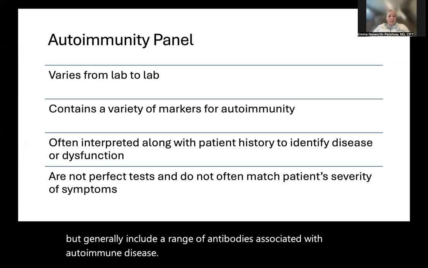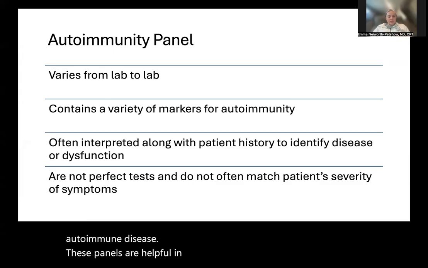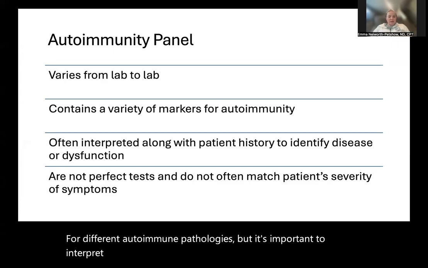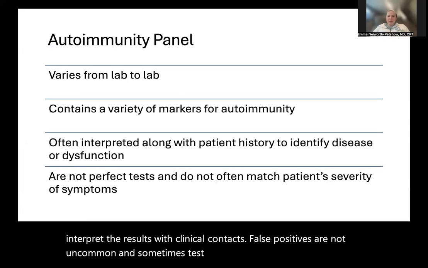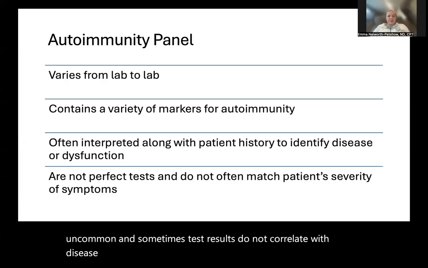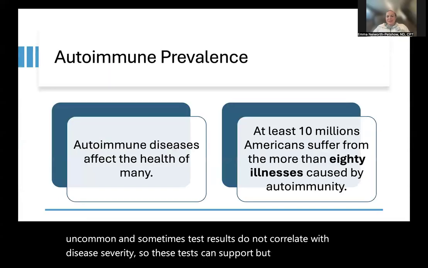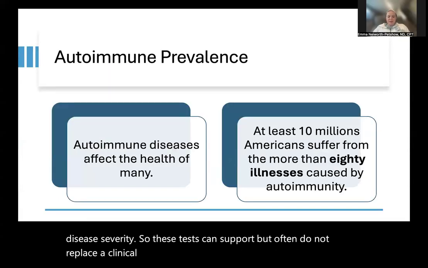These panels are helpful in screening for different autoimmune pathologies, but it's important to interpret the results with clinical context. False positives are not uncommon, and sometimes test results do not correlate with disease severity. So these tests can support, but often do not replace, a clinical diagnosis.